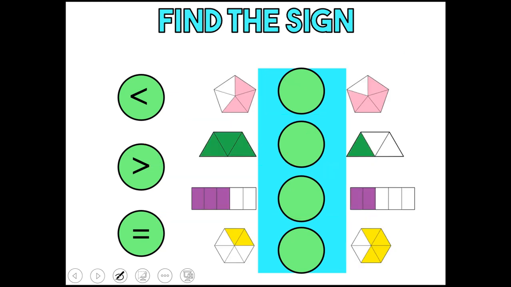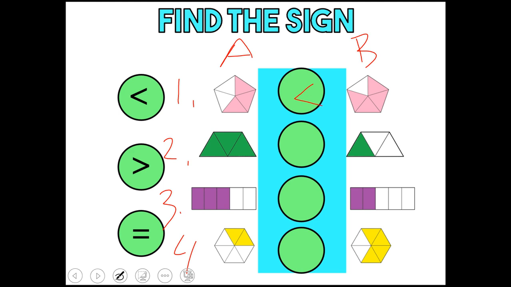We're going to try more pictures. So let's have a look, and remember, we have 1, 2, 3, and 4, A and B. Again, same thing. You don't have to write this down. You just have to think of what the answers are in your head. Which one has more, A or B?